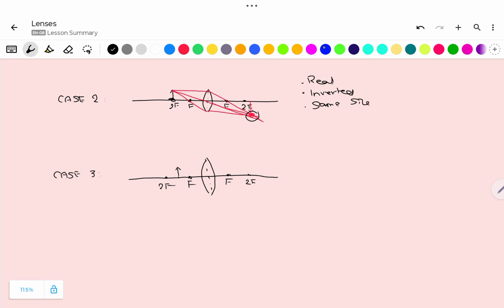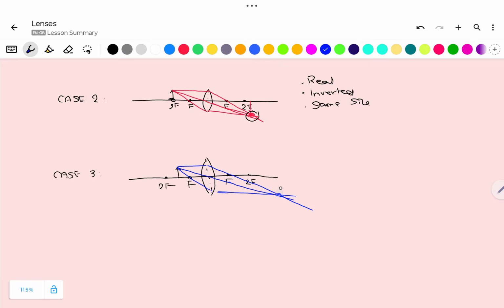So first thing we're going to do is, as usual, go parallel from the top and then go through the focal point. And second step, go through the center. Third step, go through this focal point till you reach the dashed line and then go parallel.